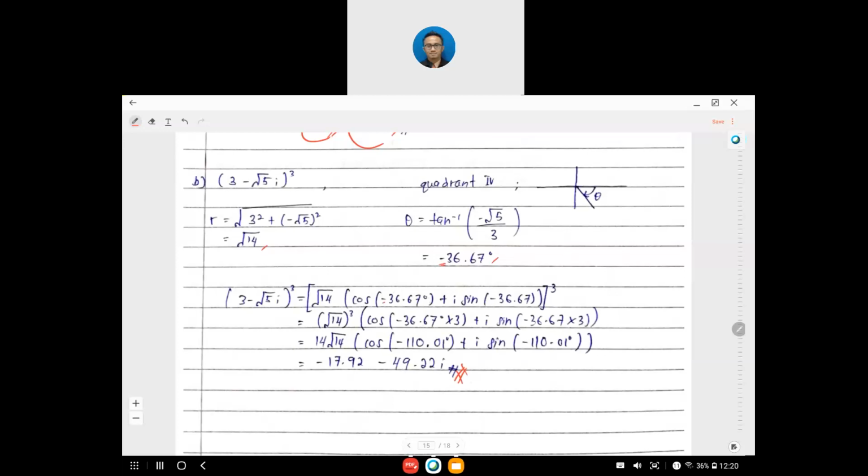And then you can get here the power of 3. Final answer negative 17.82 minus 49.22i.